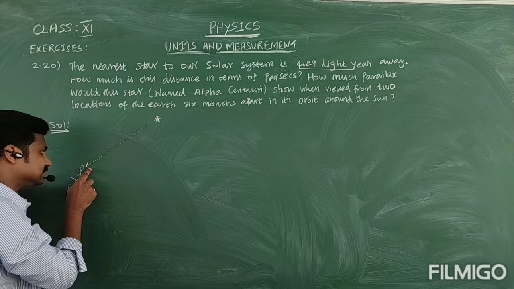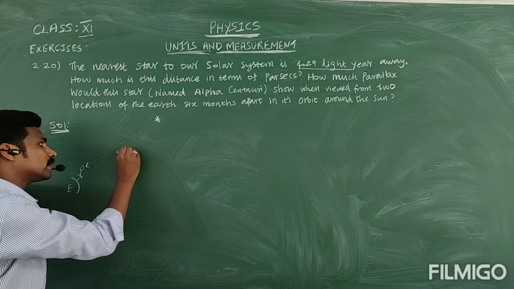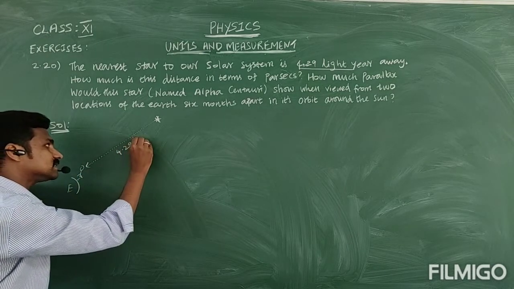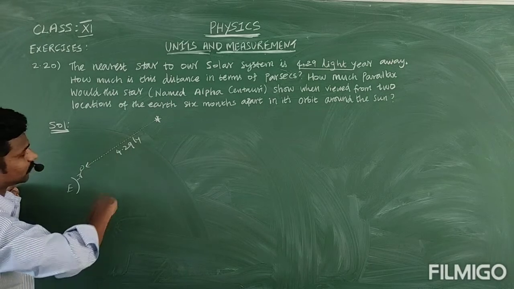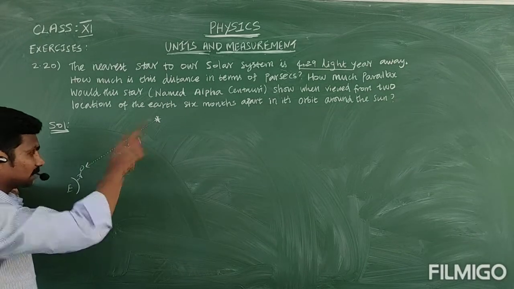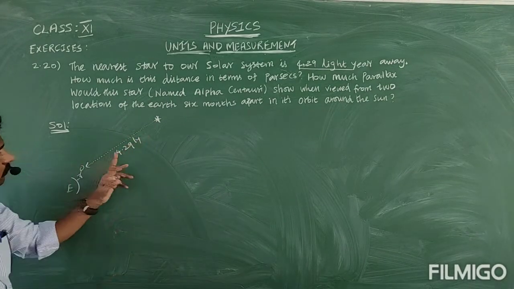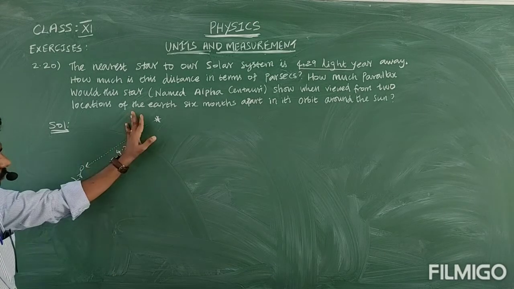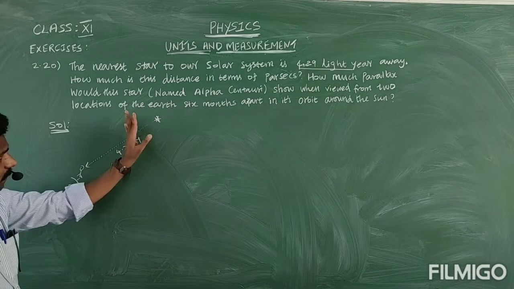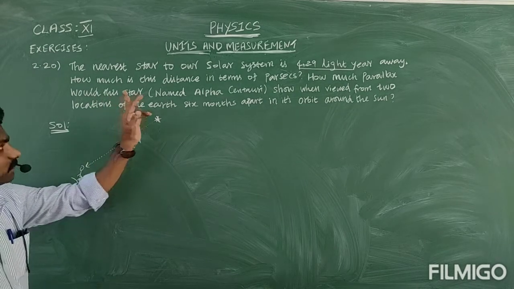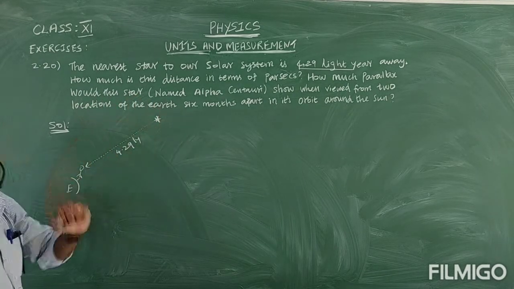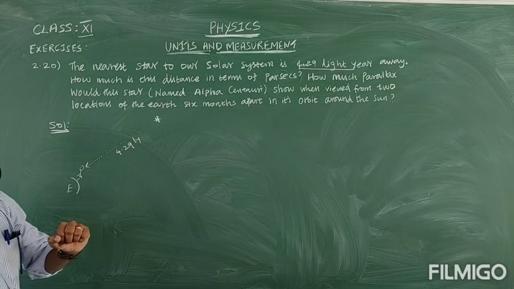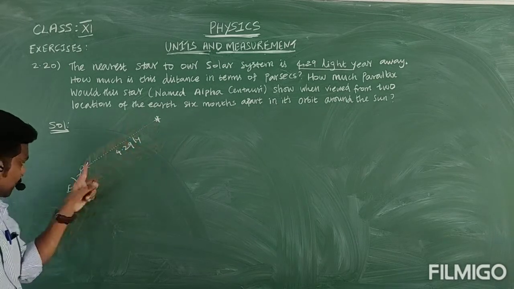That light is 4.29 light year. That means approximately 4.29 years. The light started 4 years ago, and now I am seeing it.